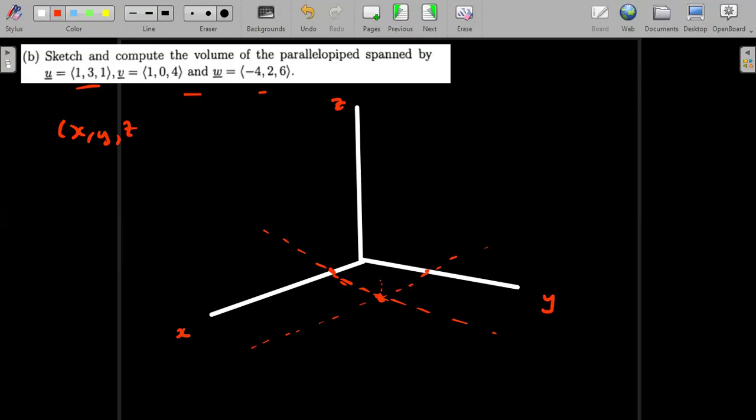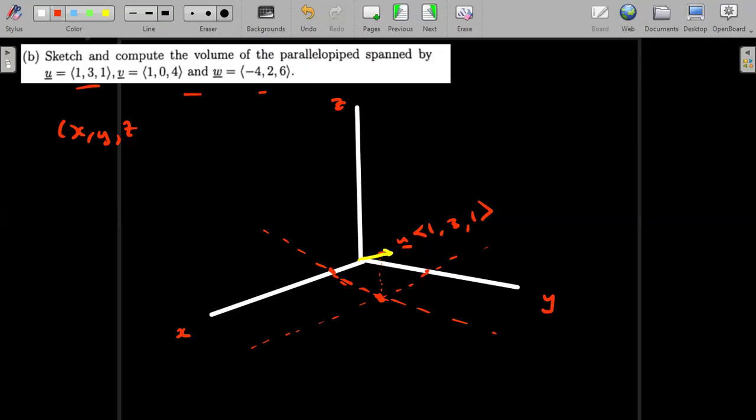So 1 ends here, and this is the final point, my u vector being 1, 3, 1. From the origin to that point, I draw my vector.